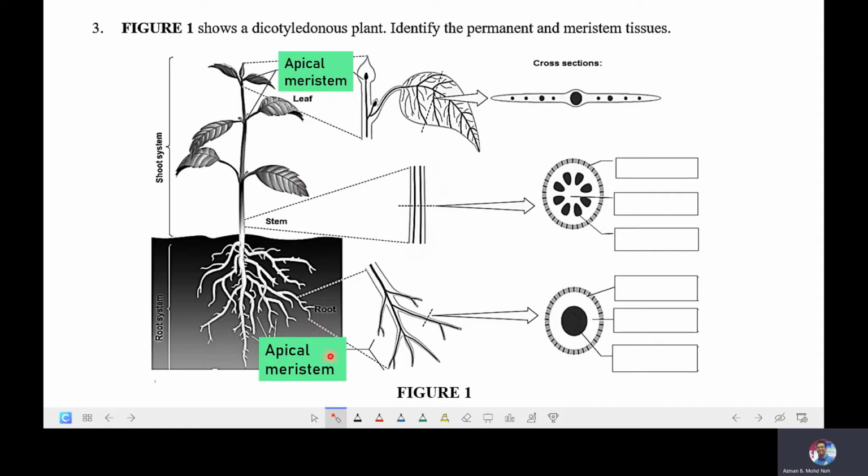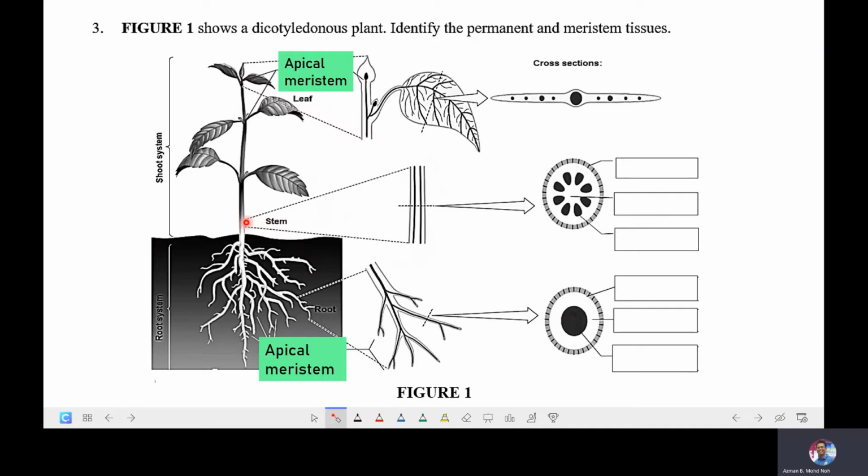The same goes for the tip of the roots. So at the end of the roots and also at the tip of the shoots, hujung pucuk, hujung akar, there will be many meristematic cells that will be undergoing the process of cell division. So apical meristem will be at the ends of the shoots or at the end of the roots.